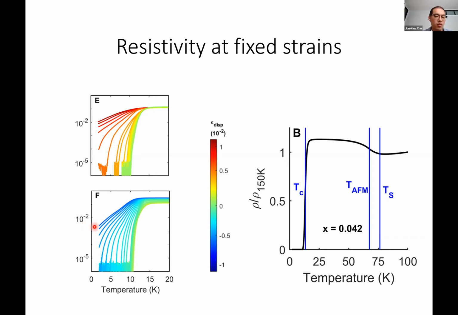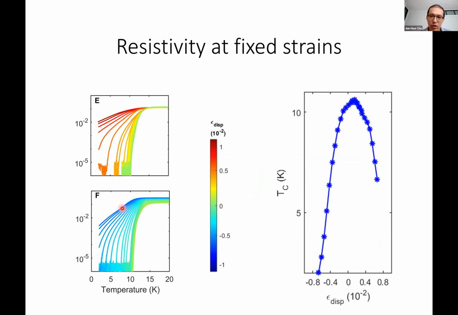So in essence, we're actually achieving a metallic state at zero temperature with these strain states, where you have measured finite resistance instead of zero resistance. So if we track, I think there's a question.